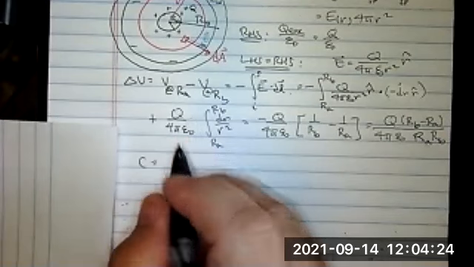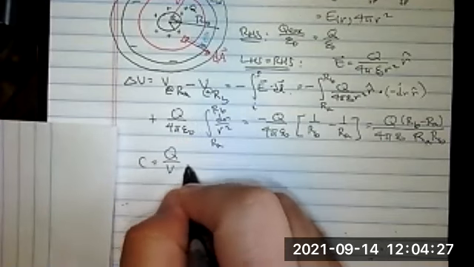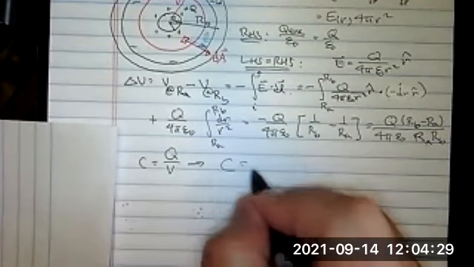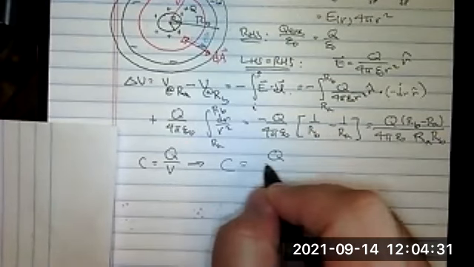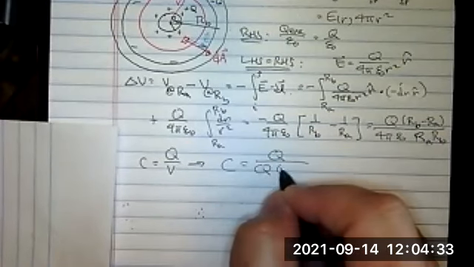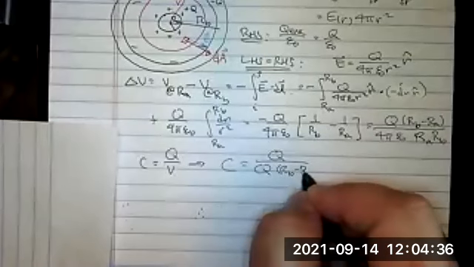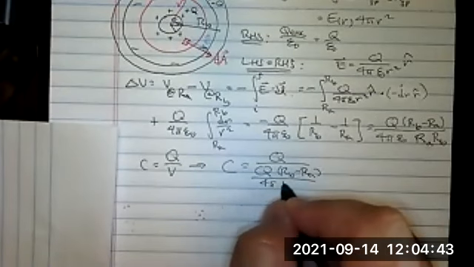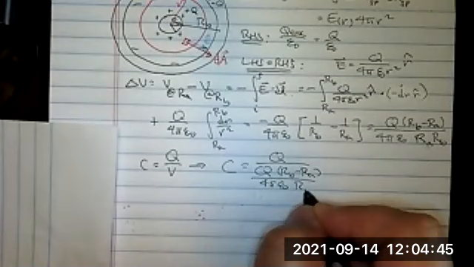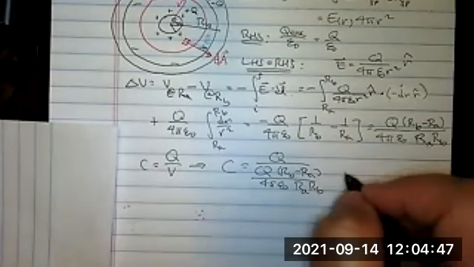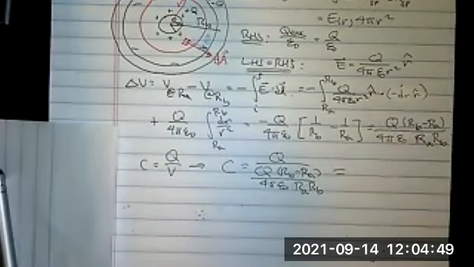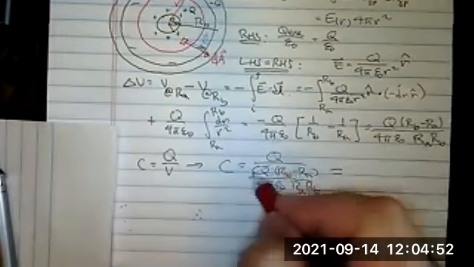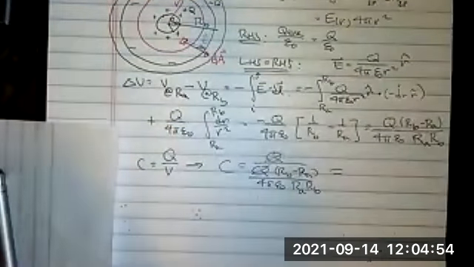If I want to calculate the capacitance C, I just use Q over V, which means I get C is equal to Q divided by Q times RB minus RA over 4 pi epsilon naught RA RB, which again, we see the charges cancel out, so it becomes nothing but geometry.